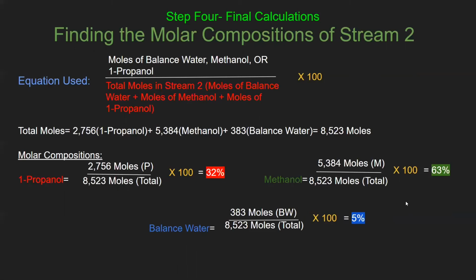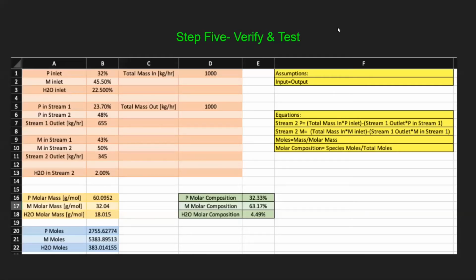Multiply that by 100 and you should get 63%. Next, you can do the same thing with balanced water, but you could also figure out that 32% plus 63% equals 95%, meaning only 5% left should be the balanced water. But this is also a great way to check to make sure your calculations are correct, so we're good.